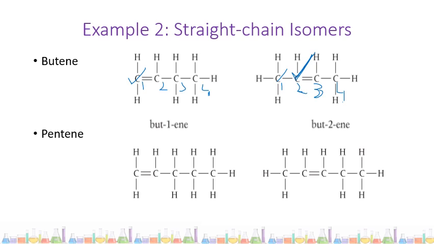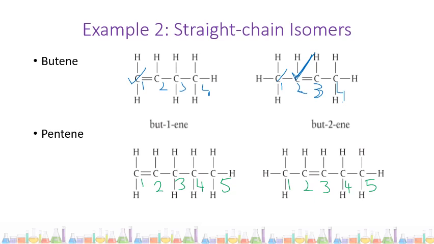So the pentene ones, we have to start numbering from the side closest to the double bond. So for both of these, you have to start numbering from the left. I'll just put it in red here.